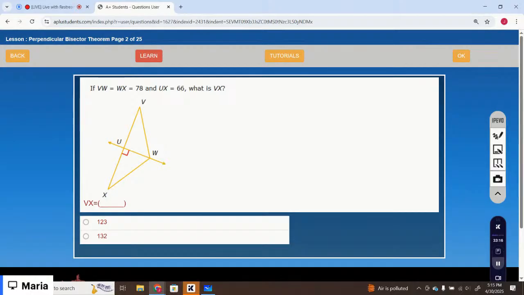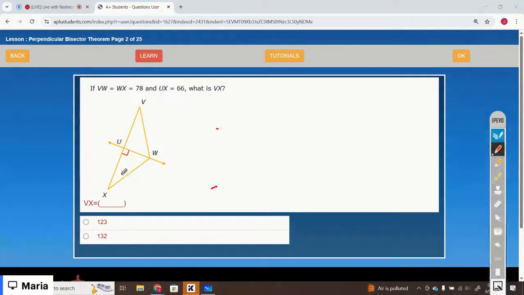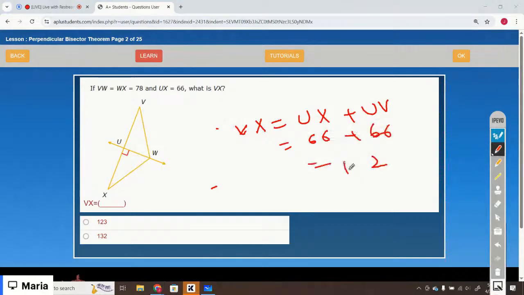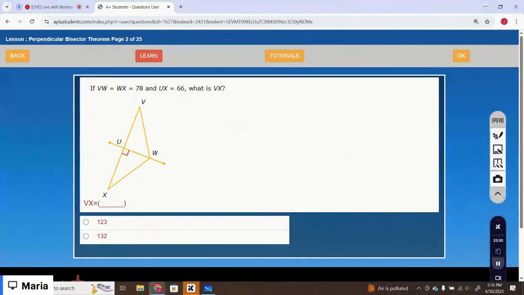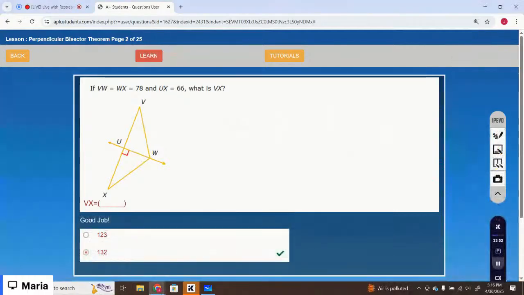VW is 78, WX is 78, UX is 66. So then VX equals UX plus UV. UX is 66 and UV is also 66. That is 132. Option number 2 is the correct option. 132 it is.